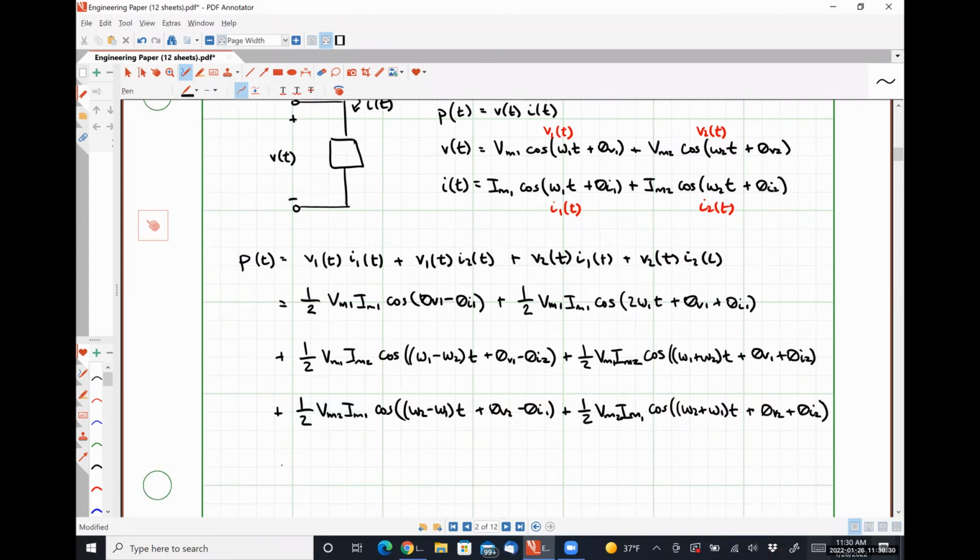And then finally down here, we have the voltage at omega 2 multiplied by the current at omega 2.